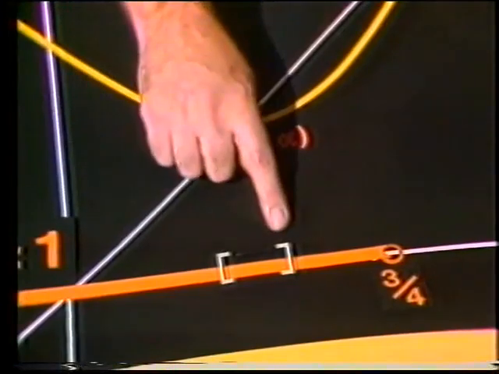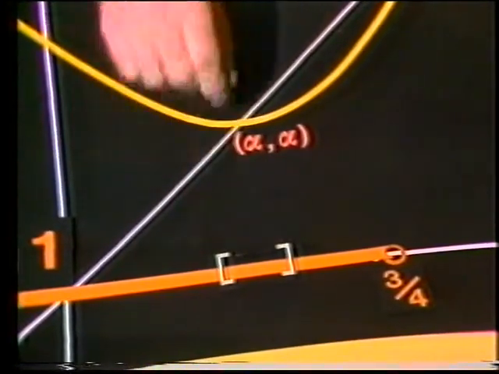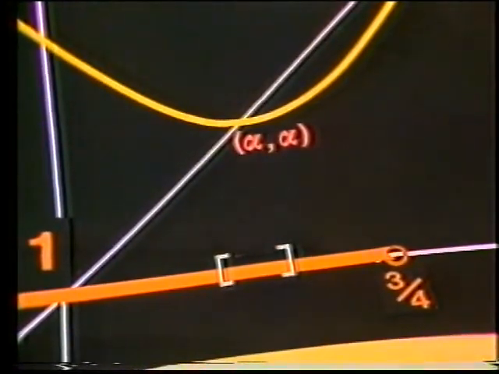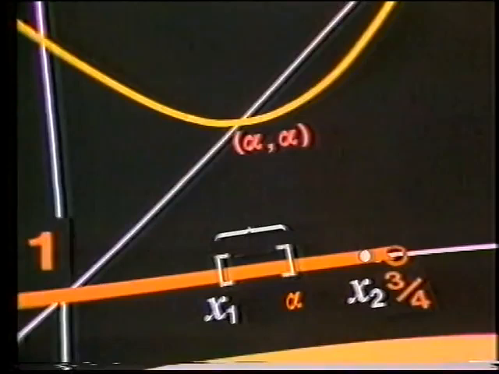If we start with x1 in this interval, are we near enough to alpha? Well, what's the furthest that x1 could be from alpha? It's got to be the length of this interval. Alpha might be at this end, and we might start at the other. We must make sure that if we jump over alpha, we don't go outside the big interval.